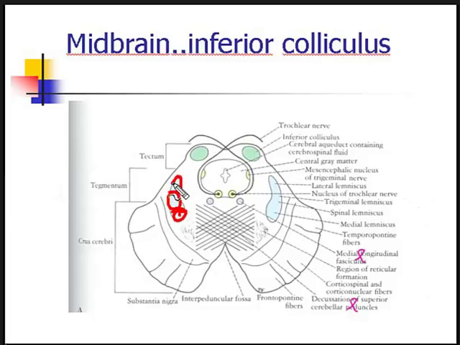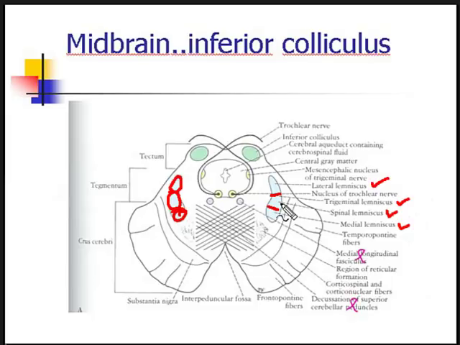So these are all the lemnisci there. Each has its own position. The trigeminal lemniscus actually joins, part of it joins the spinal and part of it joins the medial. When we do the trigeminal system, I'll go into a little more detail. So that's what you see at this point.